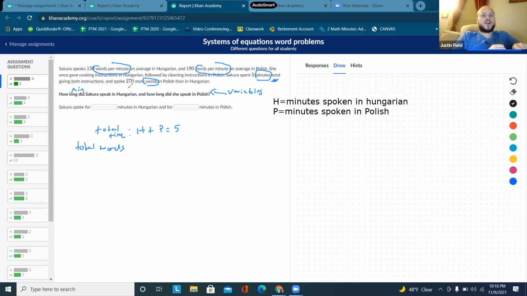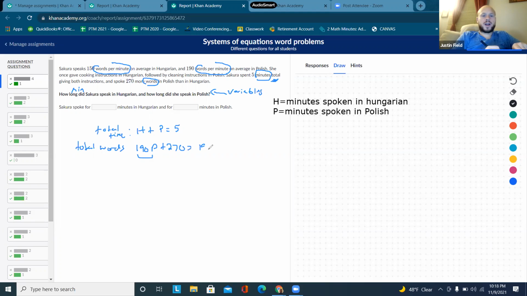And so 270 more words in Polish than in Hungarian. So we know that she speaks 190 words per minute. So multiply that by the minutes, and that is the total words spoken in Polish. But she also spoke 270 more words. Oh, hold on. See, now I messed it up.